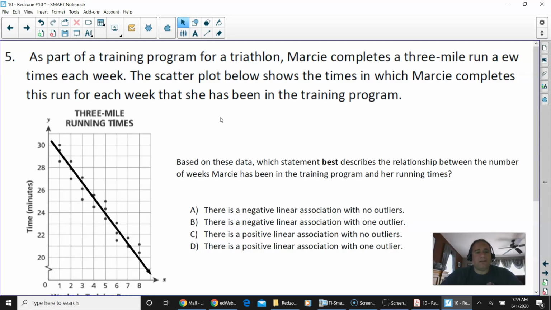Go through the answers, cross out the ones you think are definitely wrong, and you could circle the one that you think is correct. Give you a little bit of time with this.